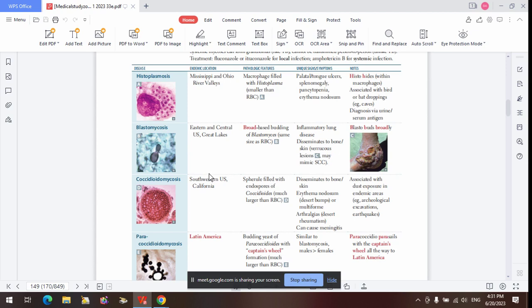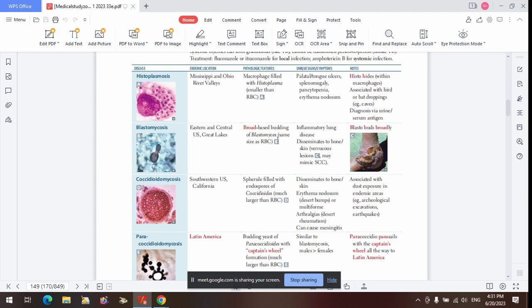The second one is blastomycosis. It might be very difficult to remember the location for blastomycosis, which is the eastern or central US, because we don't know the geography of the US, so we don't know the states that fall in that area, and we can't be memorizing them. But what will help you make the diagnosis of blastomycosis is when you see broad-based budding.